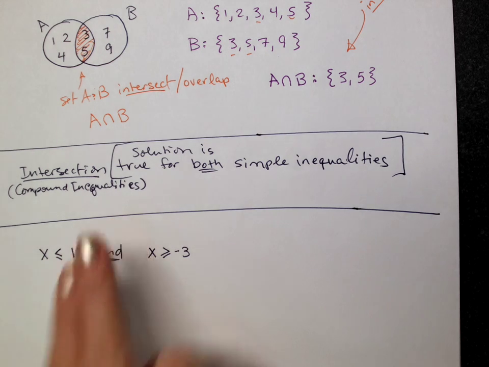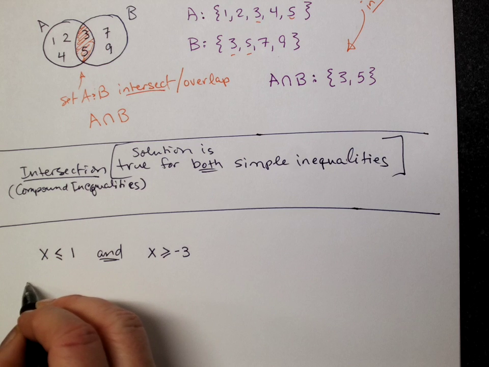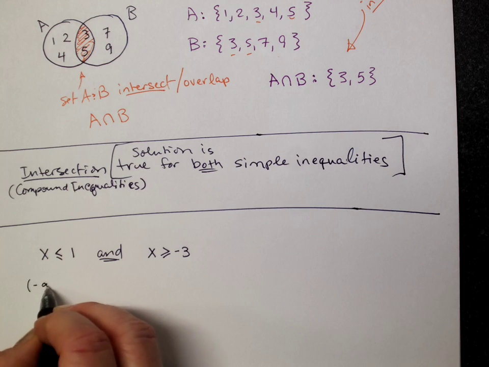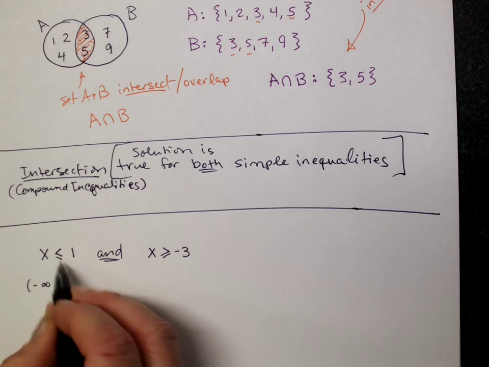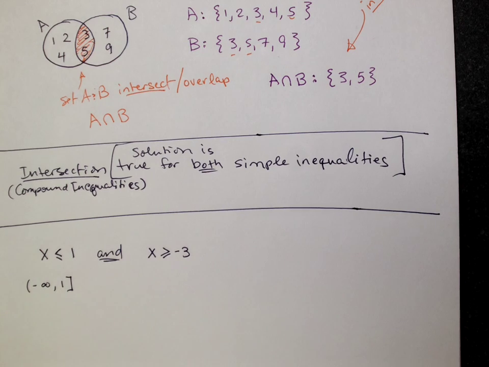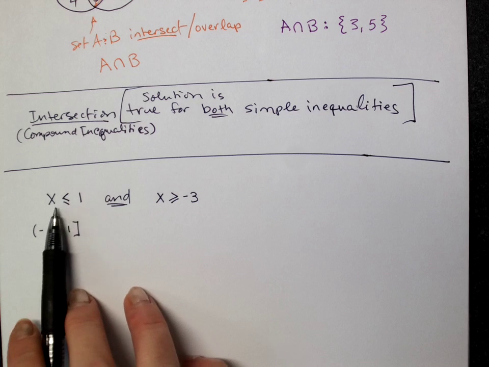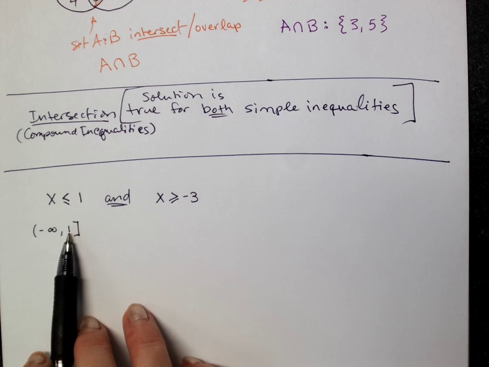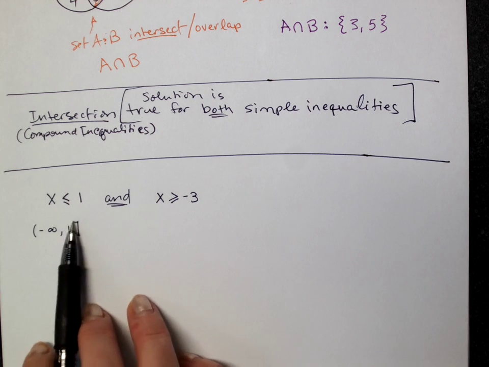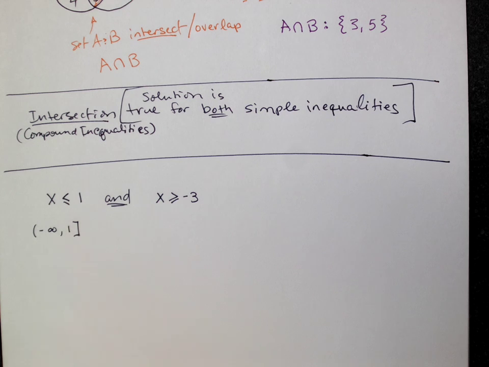If you were to write this in interval notation, the smallest value is -infinity, and then it goes up to and includes +1, because x is less than or equal to 1. So anything less than 1, and we show that it also includes 1 with the bracket.